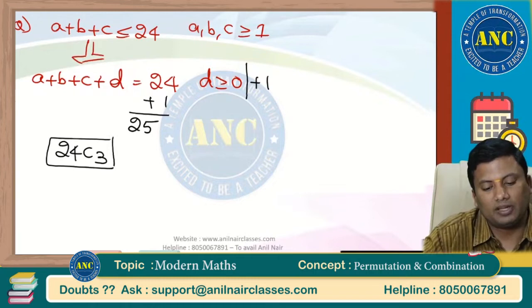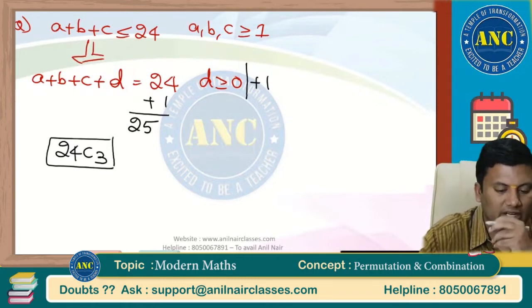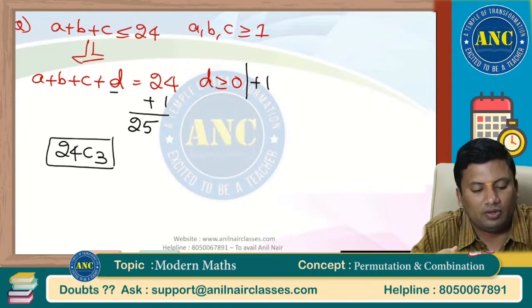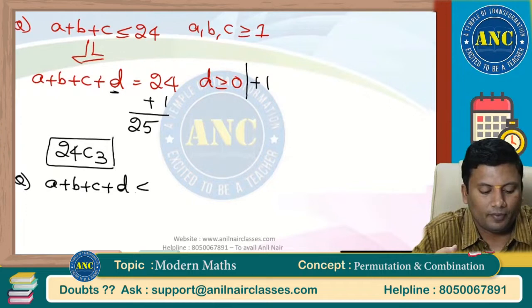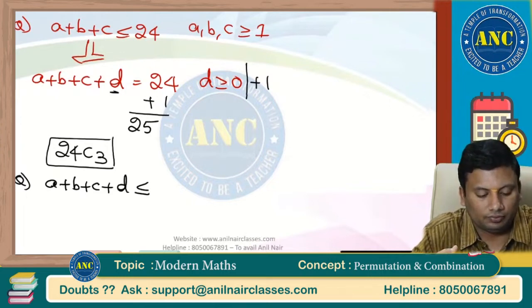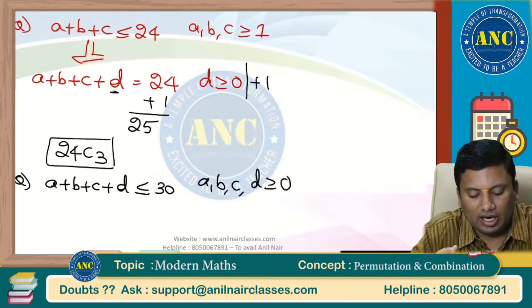a plus b plus c plus d equivalent to 24. d value can be 0. a plus b plus c plus d less than or equivalent to 30. a, b, c, d, all are starting from zeros.